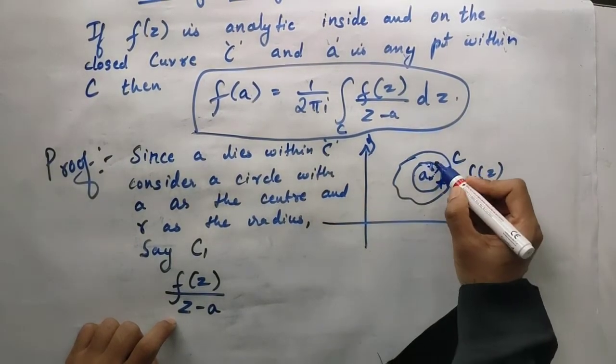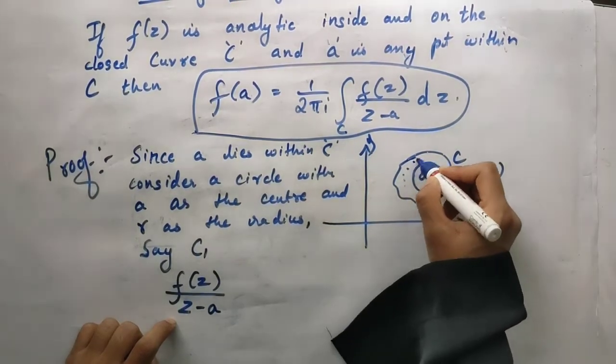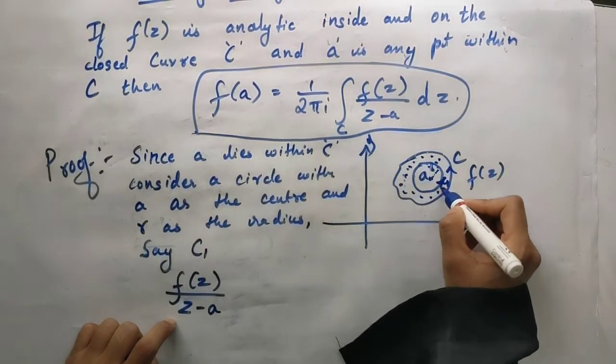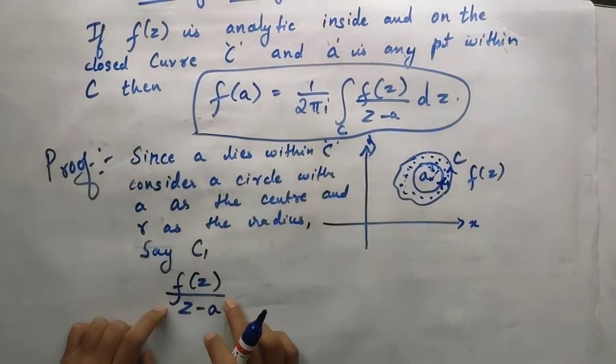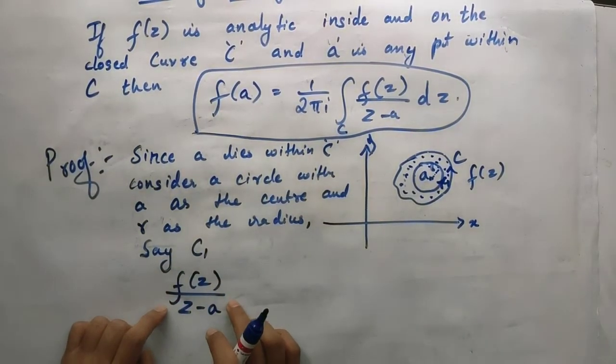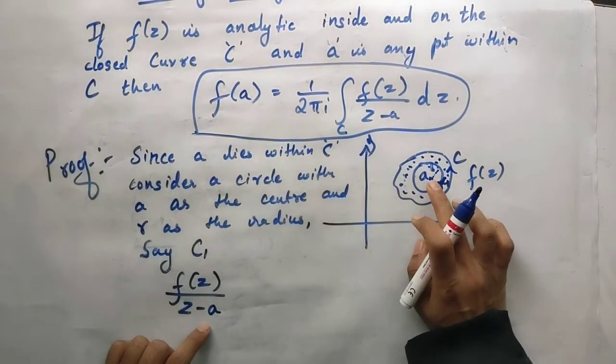Now see, all the points on the boundary of C, on the boundary of C1, and all the points in the annular region, yes, this function is analytic. Yes or no? Except the point z is equal to A. Yes or no? Right.